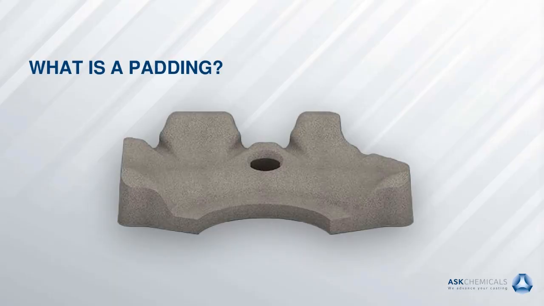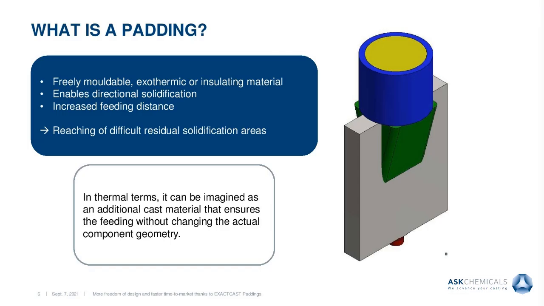So at first, we will try to tell you what is a padding. So a padding is an exothermic or insulating piece of material which is freely moldable that you can put on your casting surface. It is thought that this will assist you to get a directed solidification in your process.